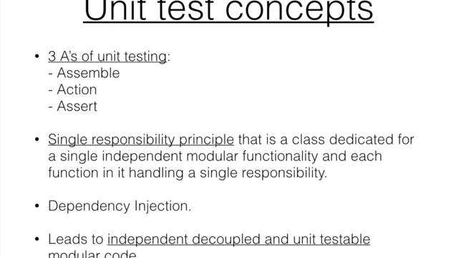It should only deal with authentication. It should not have send email functionality along with it. You should have email functionality in a separate thing. So that is what you are giving it: a single responsibility.